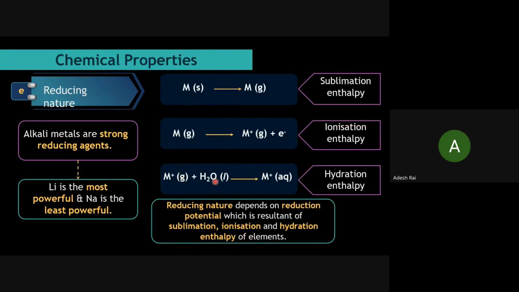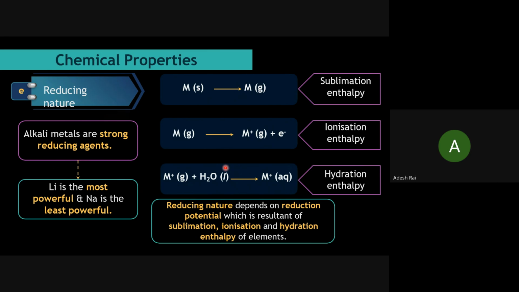Is that clear? Therefore, if you compare in gaseous medium, what will happen? It is just electron donation. In gaseous medium, the element which will donate an electron easily is the best reducing agent. And who will donate an electron easily in the whole alkali metal family? Cesium. Down the group, donation tendency will increase. Why?